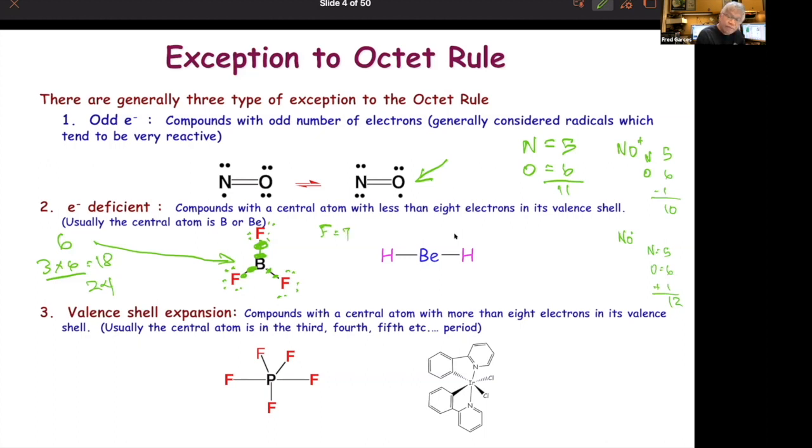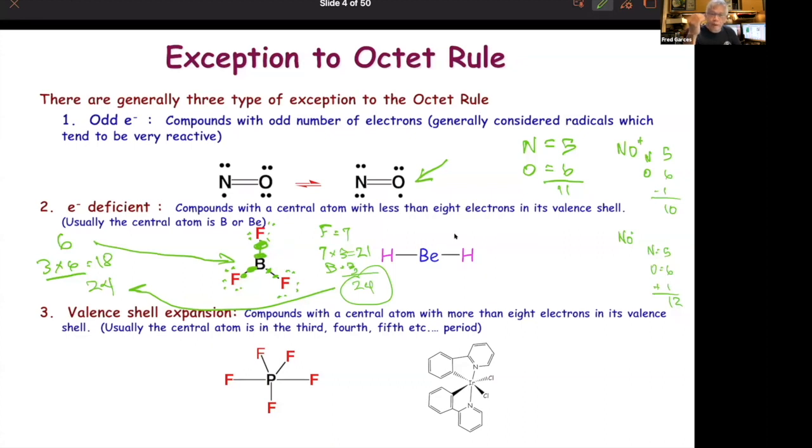And there's 3 fluorines, so 7 times 3 is 21. And then boron has 3 electrons, so 3 plus 21 is 24. So you can see that the electrons each atom is bringing is equal to the total number of electrons in that structure. But it violates the octet rule.